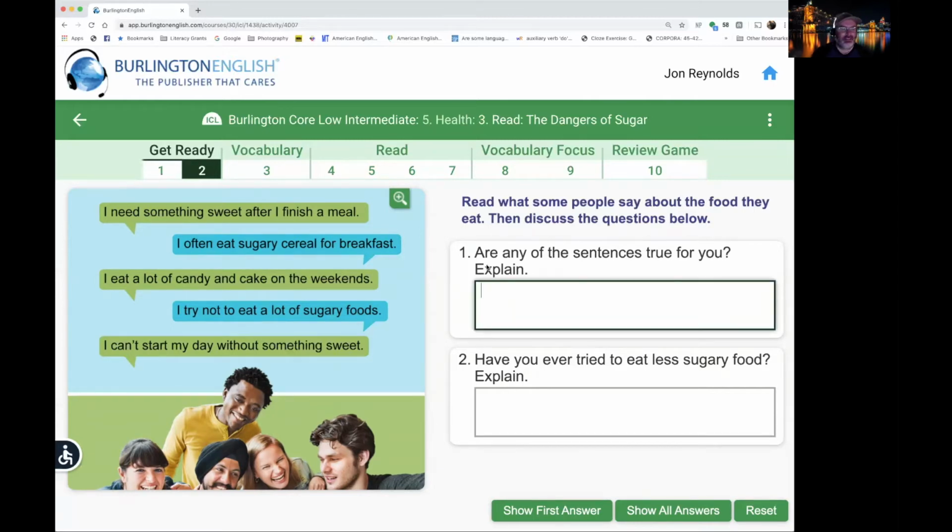So the question is, which ones are true for me? For example, I don't eat much cereal anymore, not for breakfast. And I certainly try not to eat a lot of sugary foods anymore. So I would say this is not me. But if I had to make a choice, I usually eat candy and cake on the weekends.